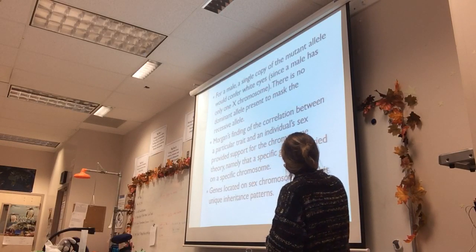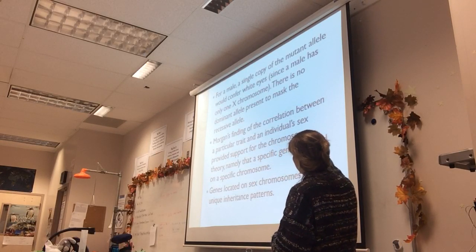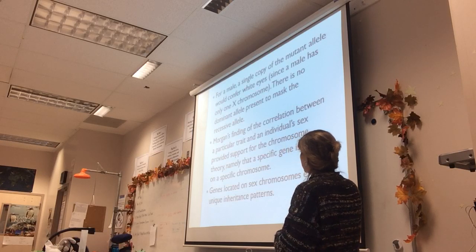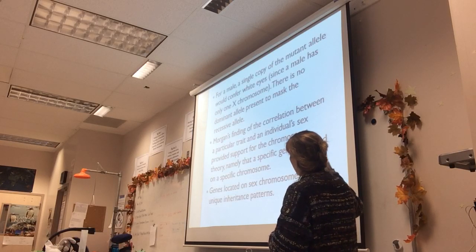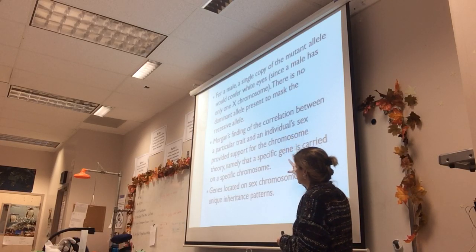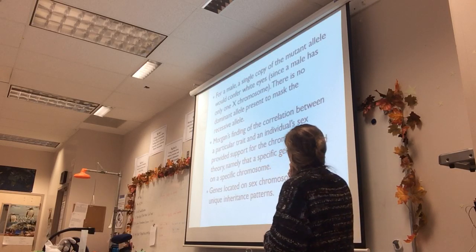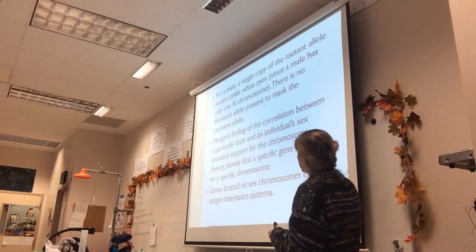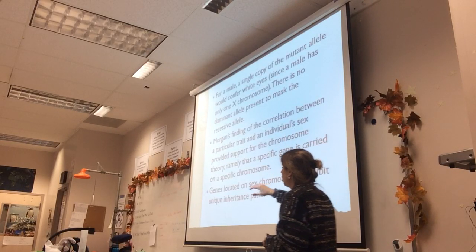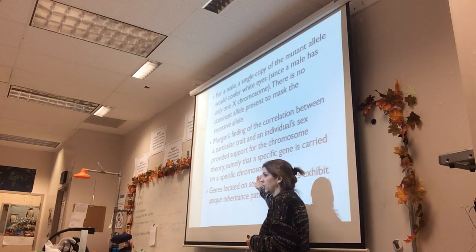Morgan found this correlation between a trait and an individual's sex, and that provided support for the chromosomal theory of inheritance. That's where it came from. What does that mean? A specific gene is carried on a specific chromosome.